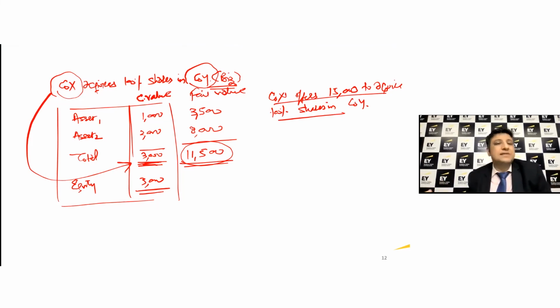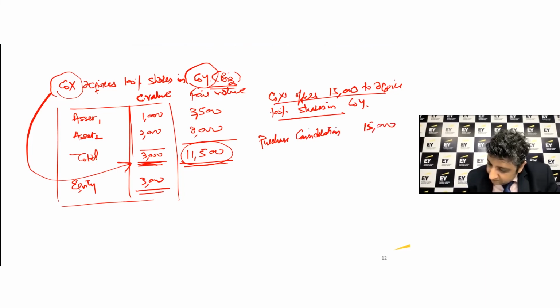Since it's a business acquisition, since it's a business combination, you're acquiring a business. So we are saying that the consideration or the purchase consideration is 15,000, but the net value of the assets, the true value, is of course 11,500.